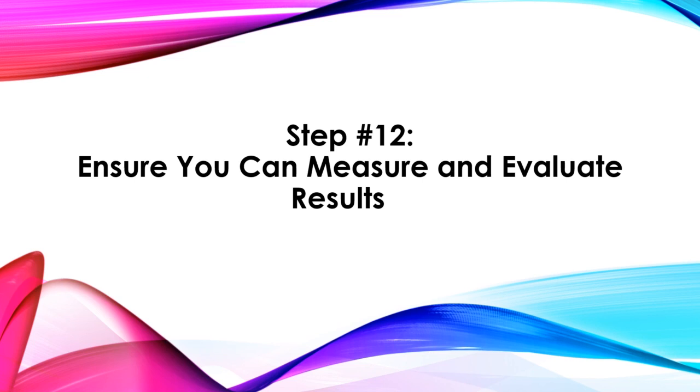To determine this, many use Kirkpatrick's four levels of evaluation, which will be explained in another video. You will also look at such factors as return on investment, cost, and performance. To get the best idea of your key performance indicators, you should involve the management team and stakeholders.